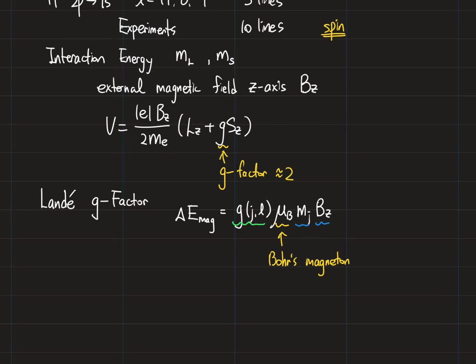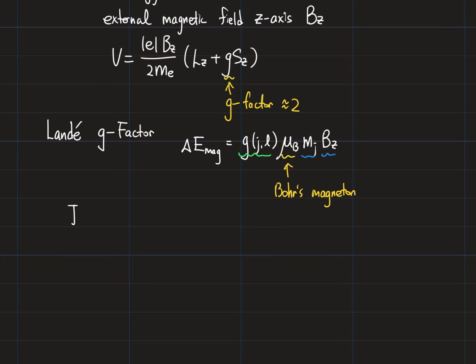This factor accounts for how the total angular momentum J projects onto the magnetic field direction. So this is J's projection onto the magnetic field direction.